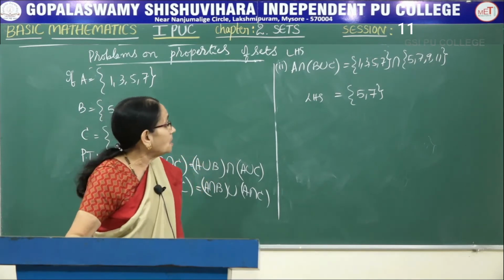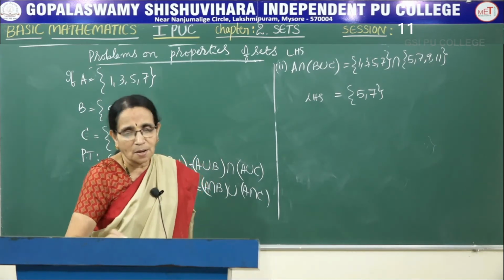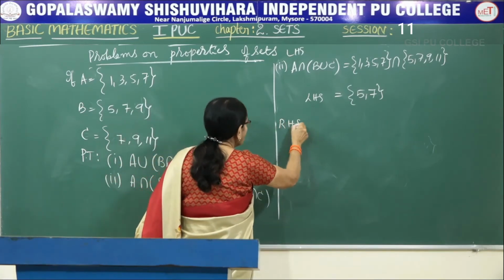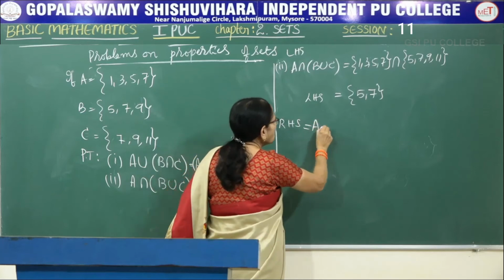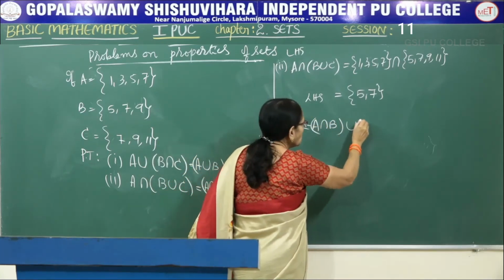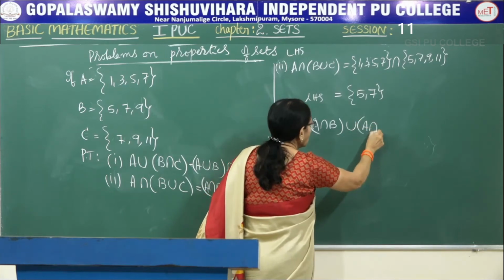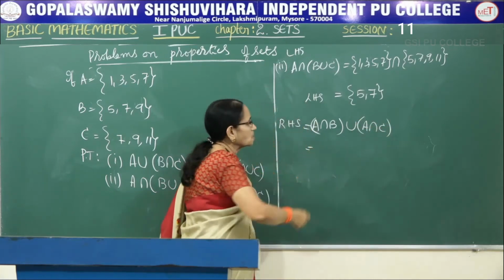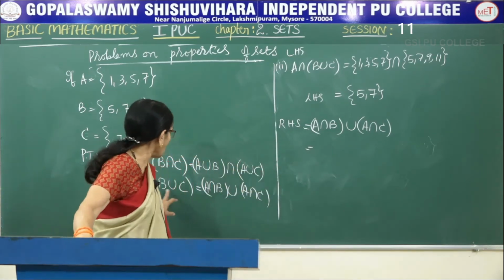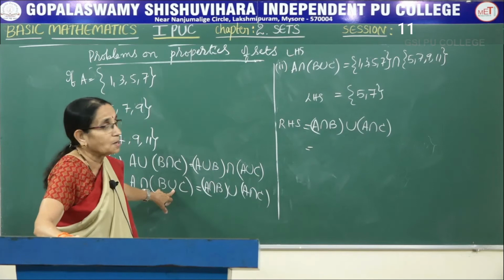Now, let me take the right hand side. So what is the right hand side here? The right hand side is having, first I take the intersection, A intersection B union A intersection C. That means that first here, outside we are having intersection, inside it is union.